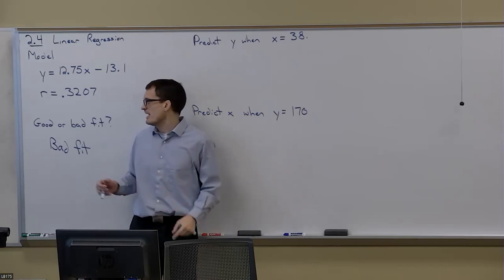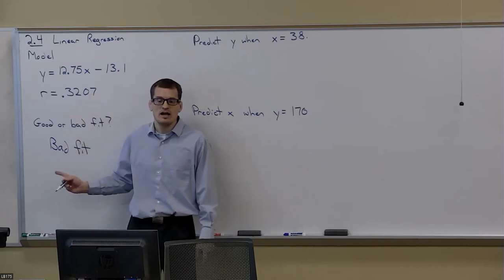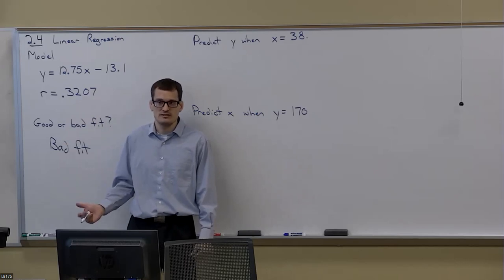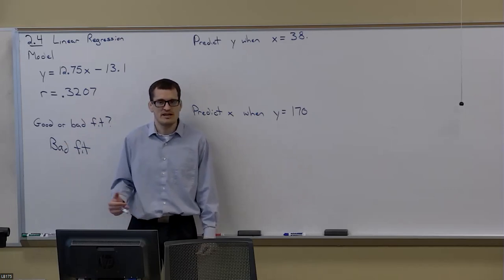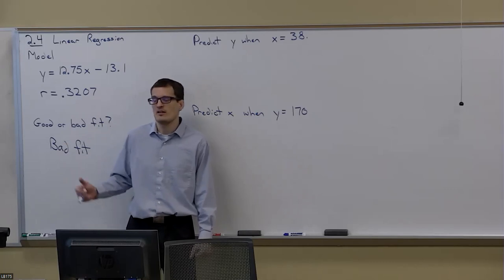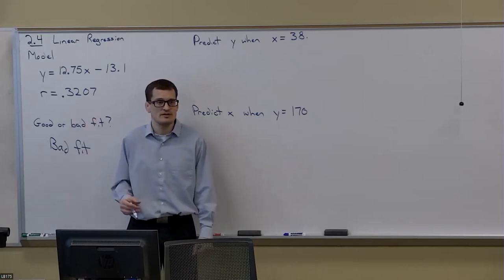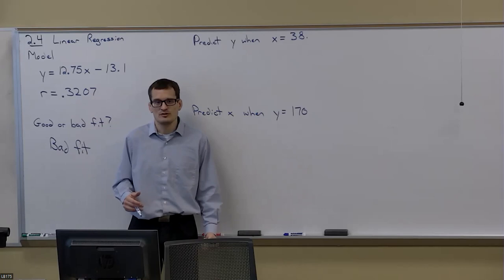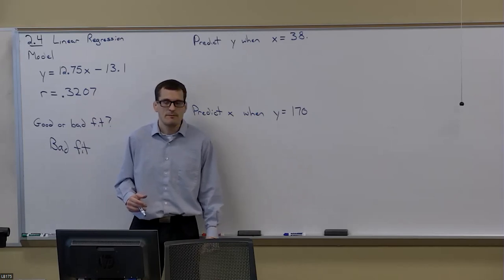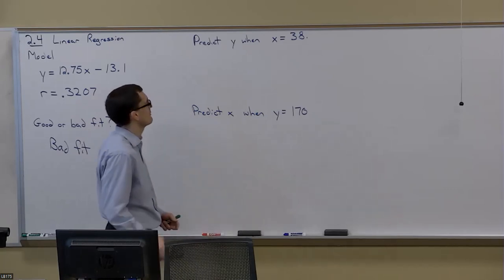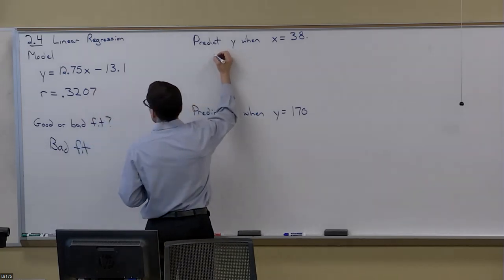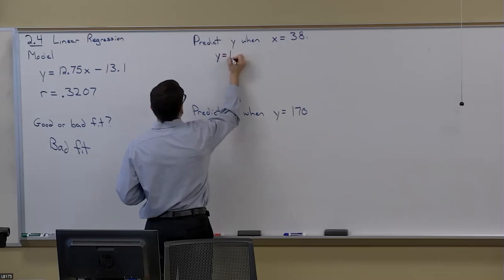In reality, if you knew the line was a bad fit to the data, you probably would not use it. As a normal human being or as a math person, you'd say the line doesn't fit the data well, so it's not going to be useful for predicting. However, in Moodle, go ahead and do the prediction even though the line is no good.